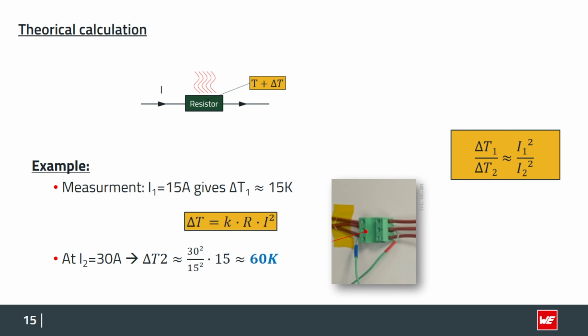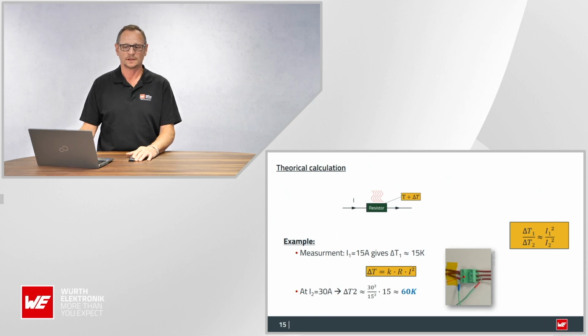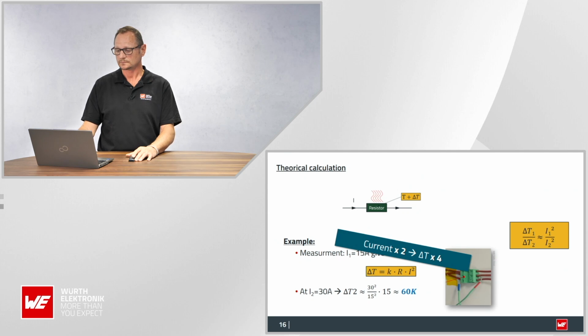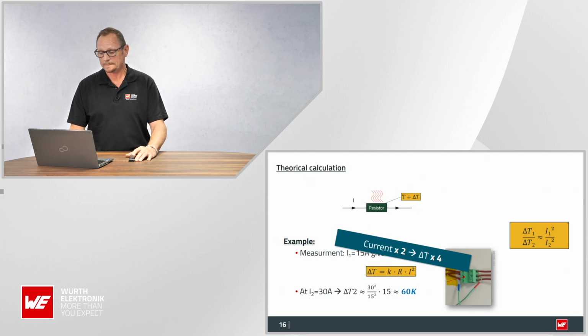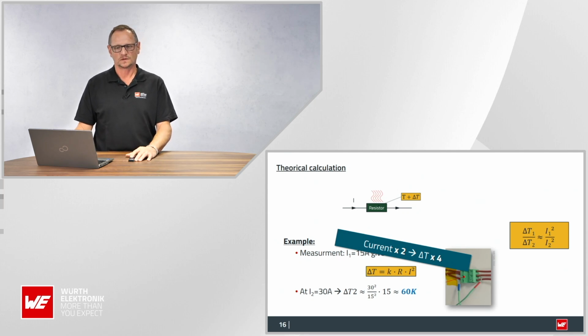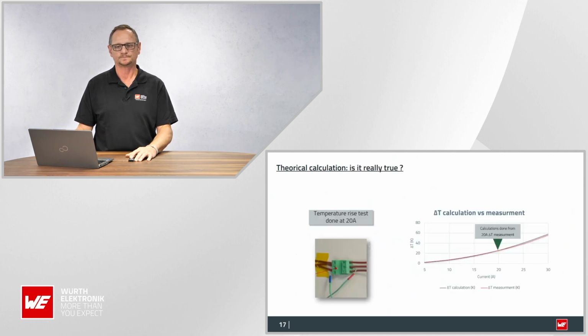If we raise the current to 30 amps, then it's delta T2, and we end up here with 60 Kelvin by the calculation, and this tells us exactly what we mentioned: 4 times 15 Kelvin, so it's 4 times the temperature. This is good to understand, of course. So this is what we should keep in mind.